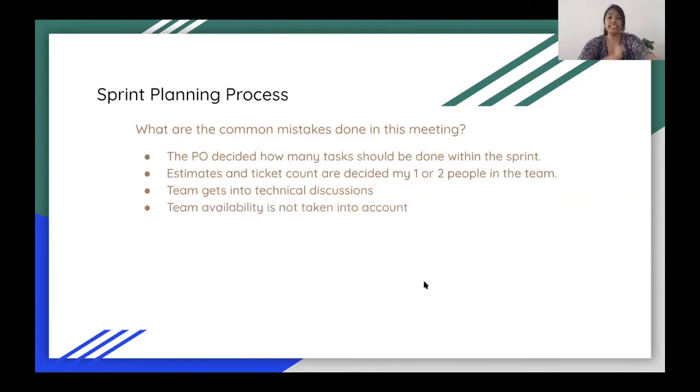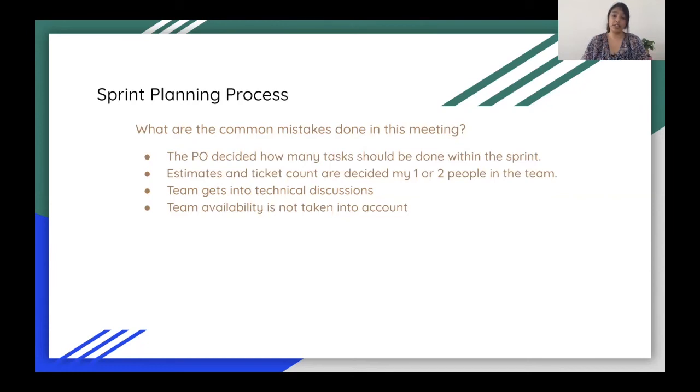The next one is that the team's availability is not taken into account. Sometimes what happens in teams that already have their velocity set, and your team velocity after a course of 2-3 months has been 60. The mistake is taking 60 story points of tickets in this sprint when 2 of your engineers are on vacation.